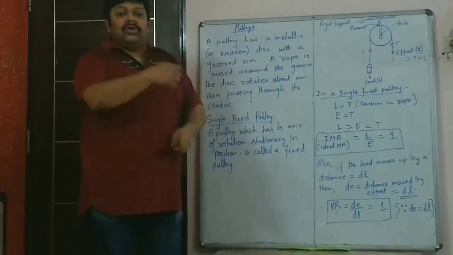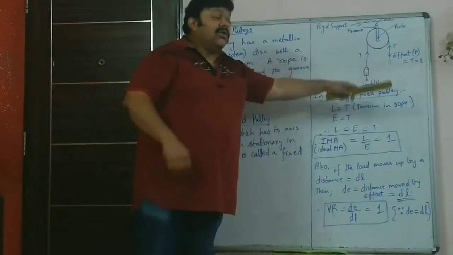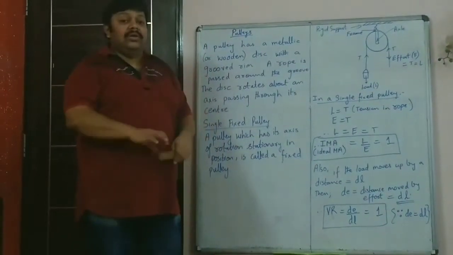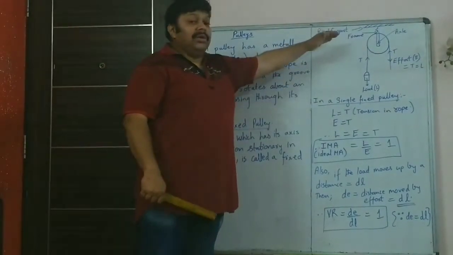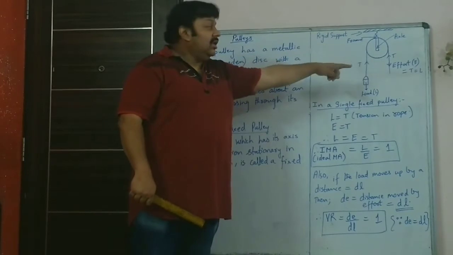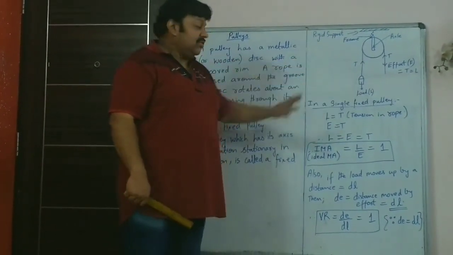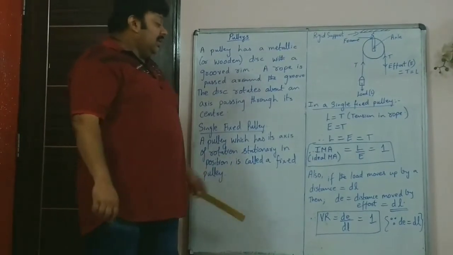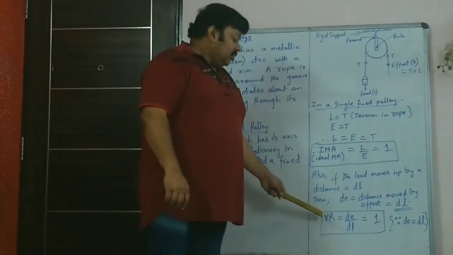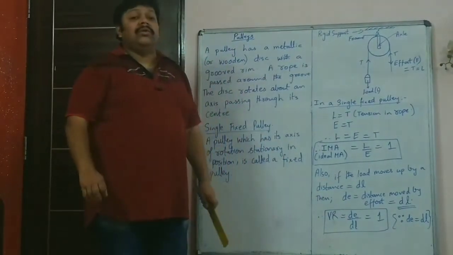The rope has gone down by 5 meters. That means displacement of effort is 5 meters. So how much will the load come up by? Load will also come up by 5 meters. So dE and dL will be the same. Displacement of effort and displacement of load will be exactly the same. So velocity ratio, dE by dL, will also be 1.